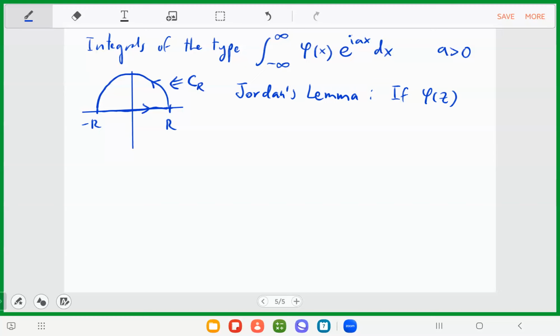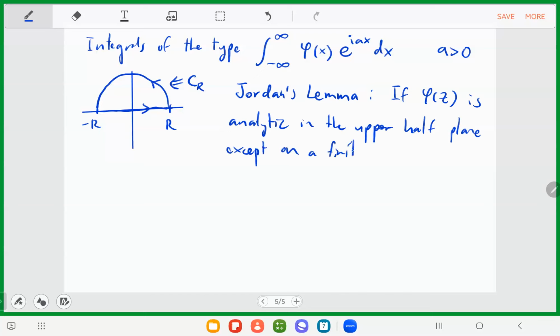So if this function is analytic in the upper half plane, except on a finite number of singularities or poles.